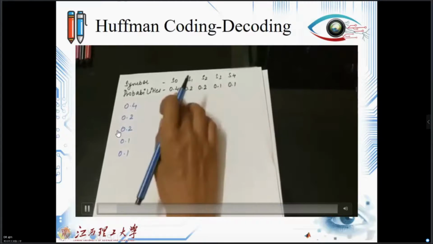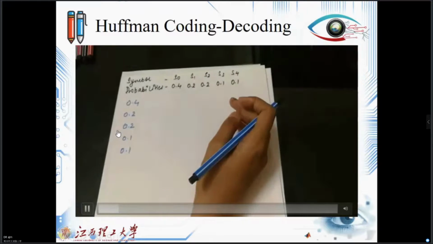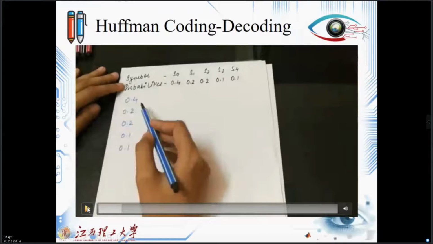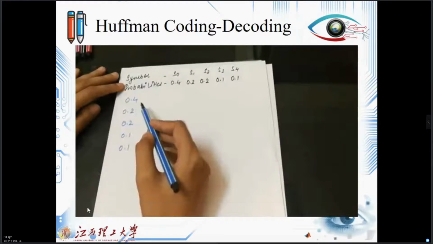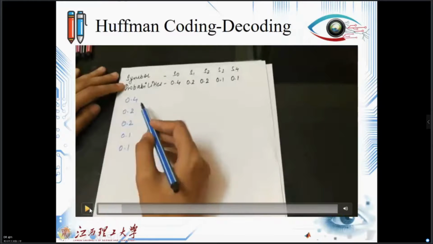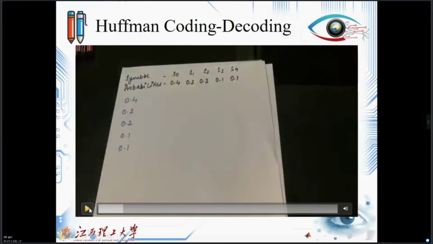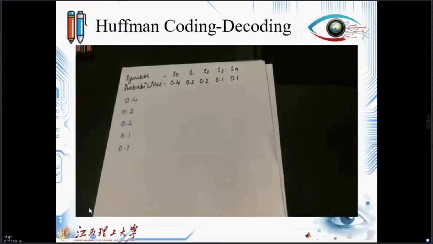As you see here, you have the probabilities of the data. The first step we did was to sort based on decreasing value: 0.4, 0.2, 0.2, 0.1, 0.1.